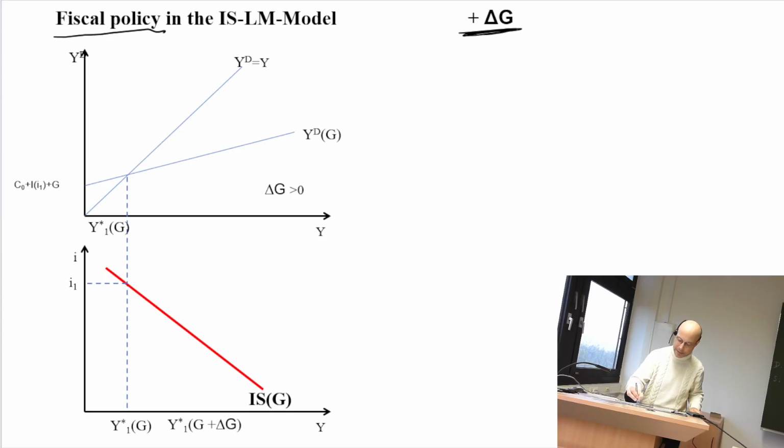But what happens in the commodity market if we are increasing government expenditure? Where does government expenditure enter the commodity market? Where do we find G?